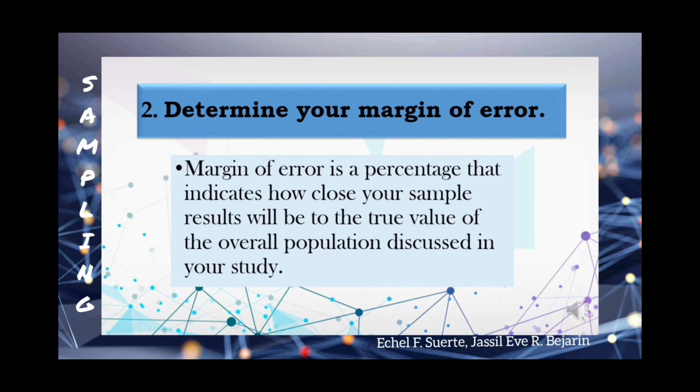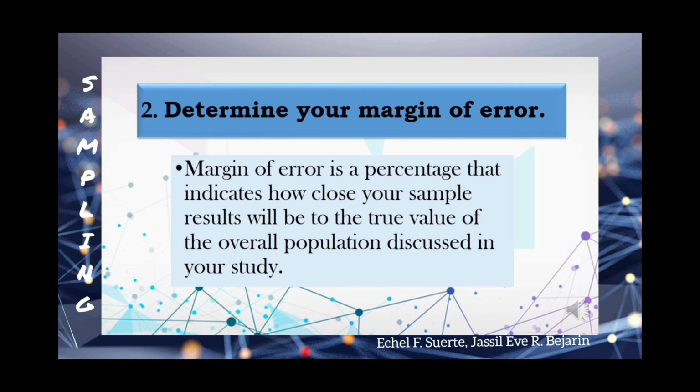Step 2. Determine your margin of error. The margin of error is a percentage that indicates how close your sample results will be to the true value of the overall population discussed in your study.